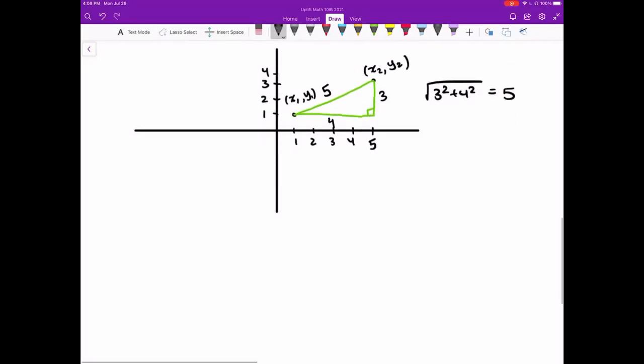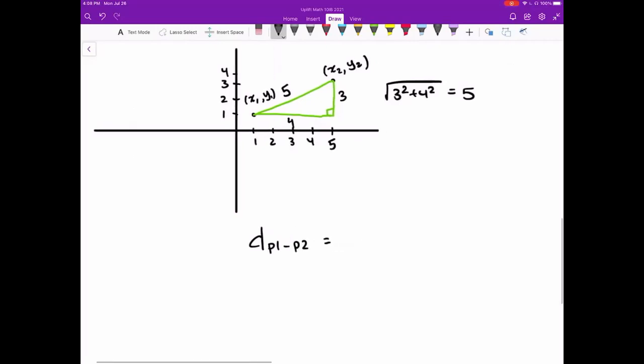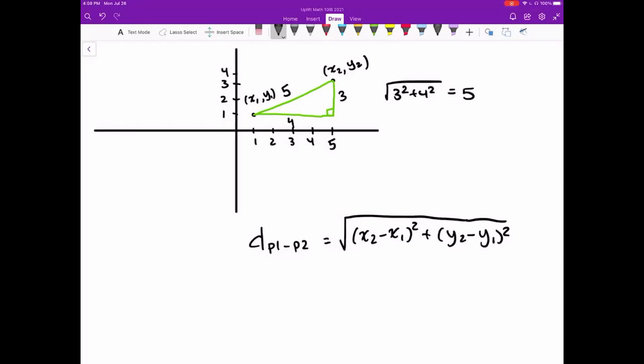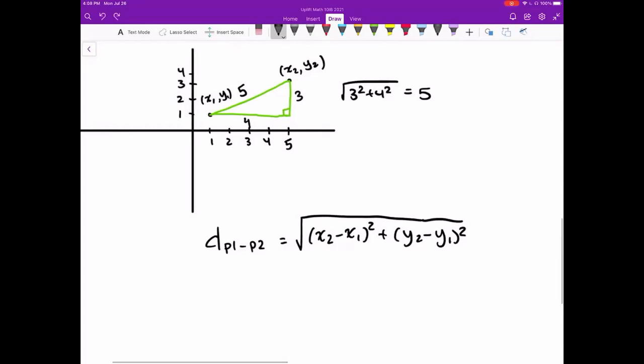As a generalized formula for finding the distance between 2 points, we write d from point 1 to point 2 is equal to, using Pythagorean's formula, the square root of x2 minus x1 squared plus y2 minus y1 squared. And it doesn't matter which of these goes first, because when you square them, they end up the same. But that's just the generalized formula.